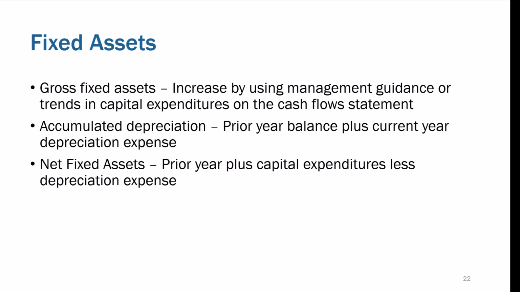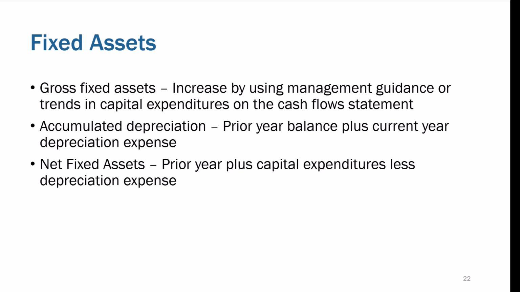The simple thing for net fixed assets is it's just prior year plus capital expenditures less current year depreciation expense. You could, in theory, forecast net fixed assets as a percentage of sales and probably come fairly close.